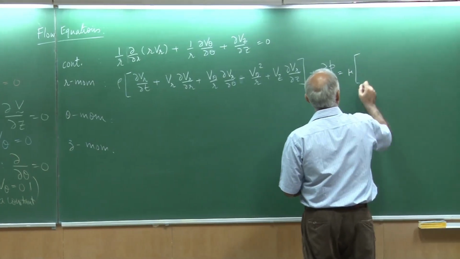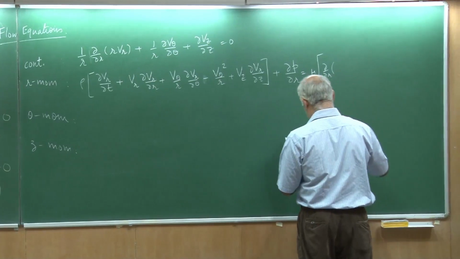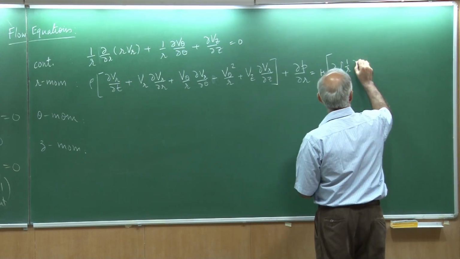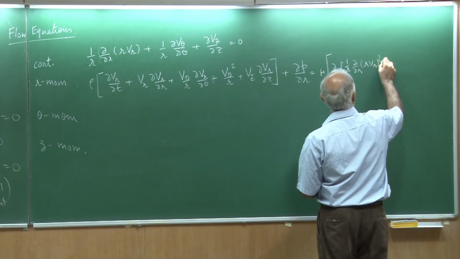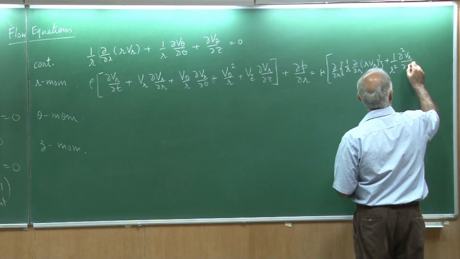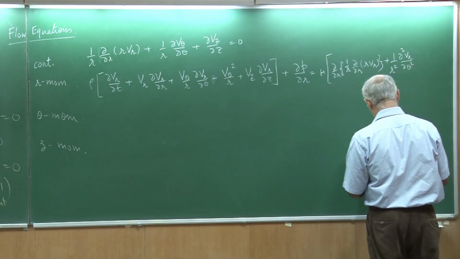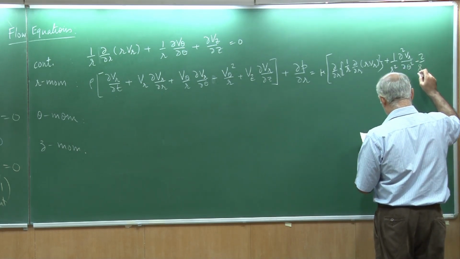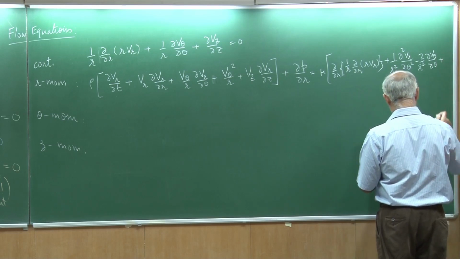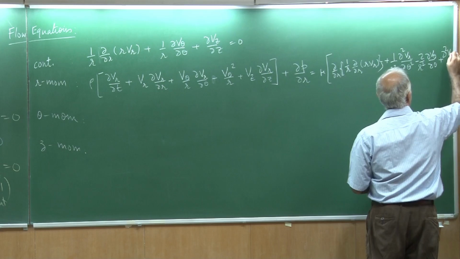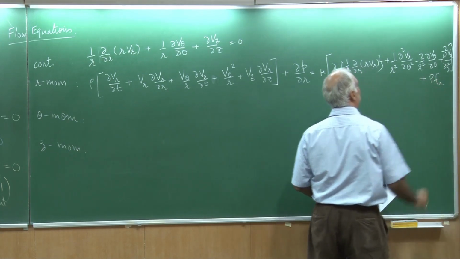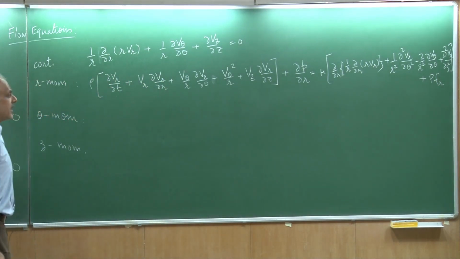Those terms are given as mu times del by del r of 1 by r del by del r of r Vr plus 1 by r square del square Vr by del theta square minus 2 by r square del V theta by del theta plus del square Vr by del z square, plus rho times Fr. Okay, so that entire equation is my r momentum equation.